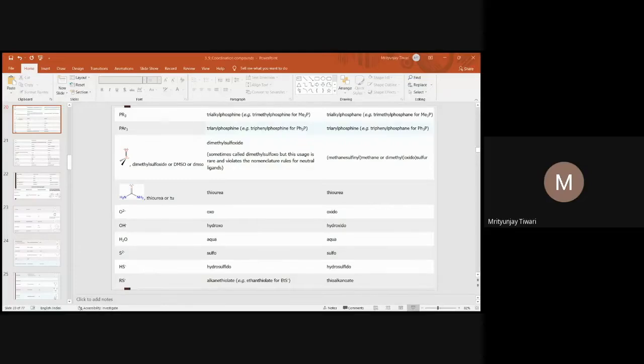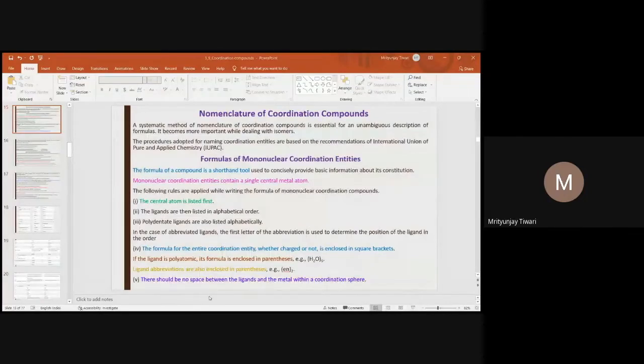While naming coordination compounds, the names should be written uniquely, so that you can write the structure of one isomer and not the other. So, a systematic method of nomenclature of coordination compounds is essential for an unambiguous description of formulas. It becomes more important while dealing with isomers.